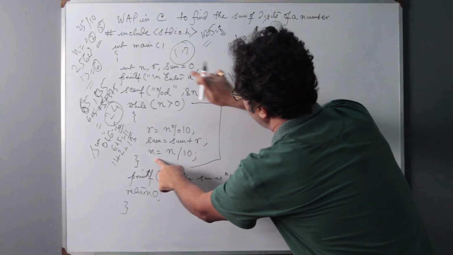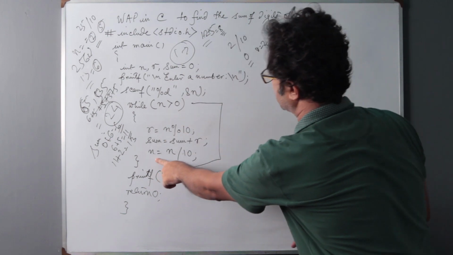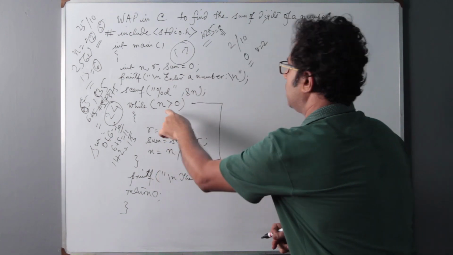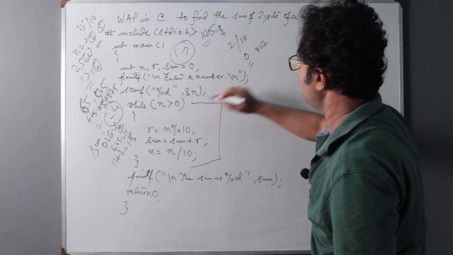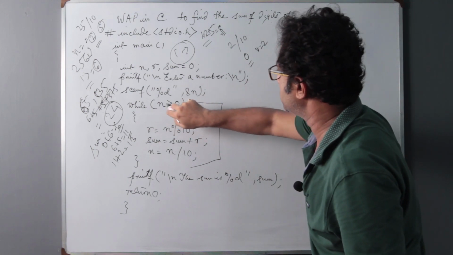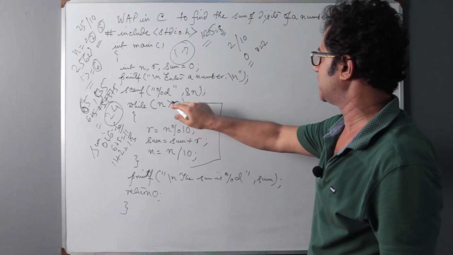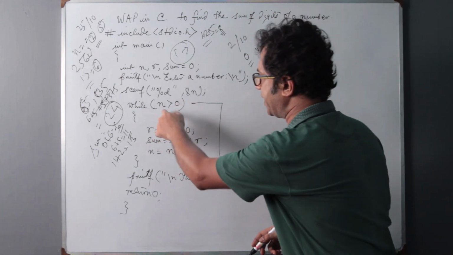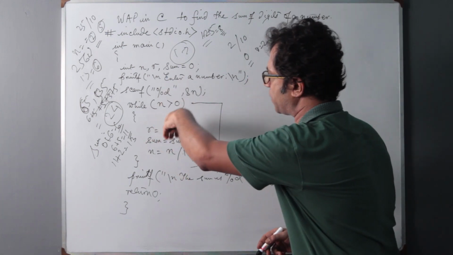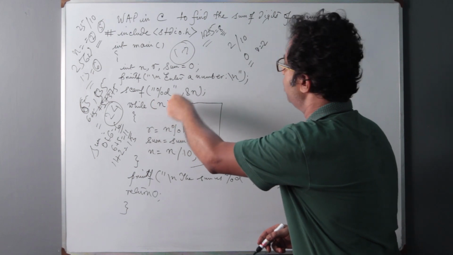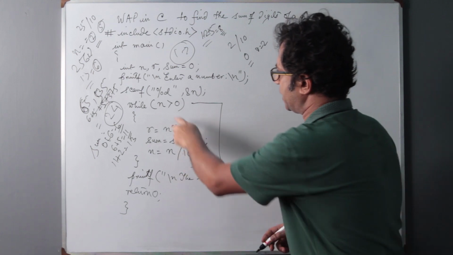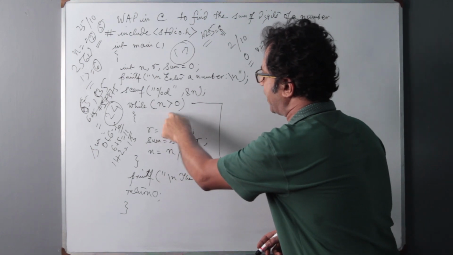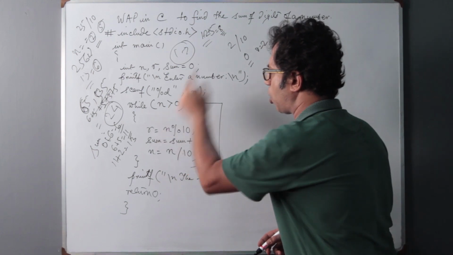Now we try to enter the loop for the fourth time. Let us see whether we can enter the loop. No, we cannot enter the loop, because n has become 0, and this condition doesn't hold, because n greater than 0 is the condition. While n is greater than 0, we can enter the loop, and if n becomes 0 or less than 0, we will not be able to enter this while loop block.